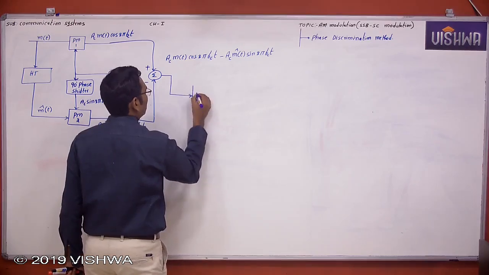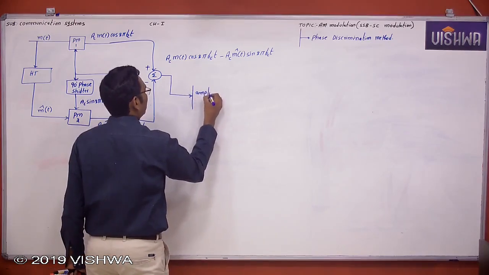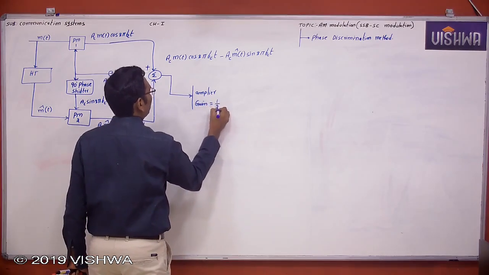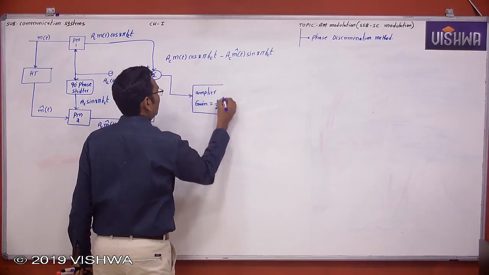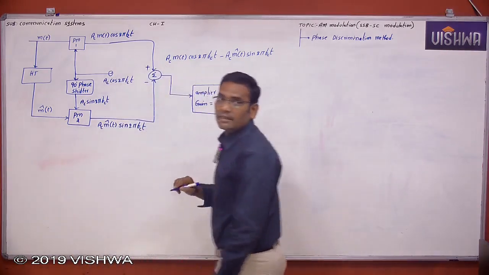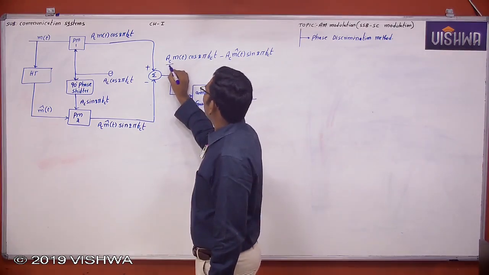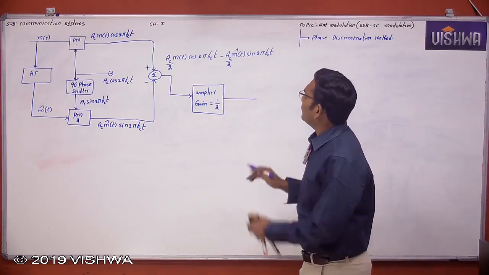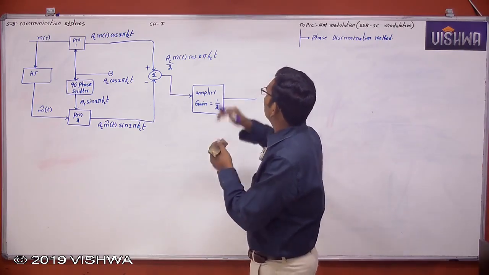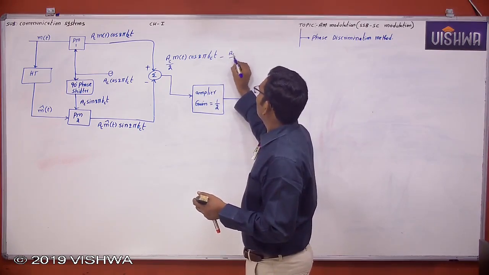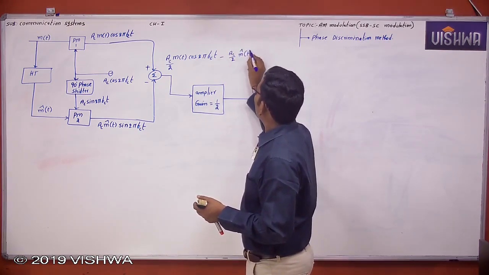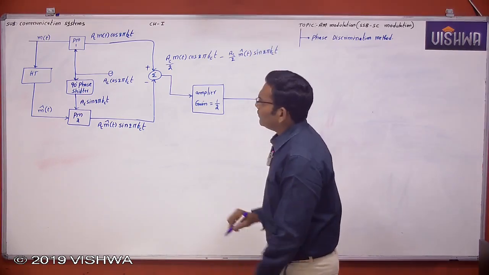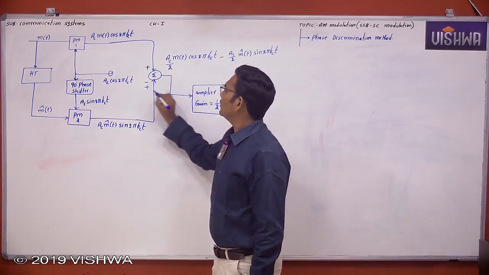Now this is passing through an amplifier having a gain equal to 1 by 2. Then you can get the exact equation; for that I am using this scaling. So this is Ac by 2 m(t) cos 2 pi fct minus Ac by 2 m cap of t sin 2 pi fct. If this is an adder circuit, this is plus.